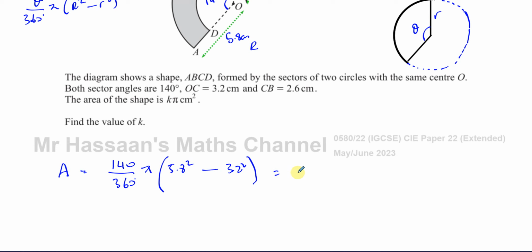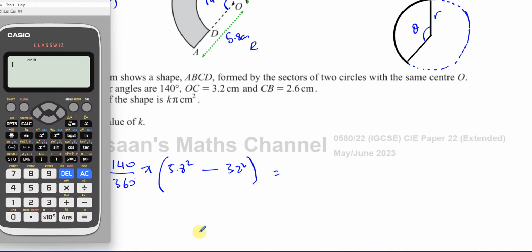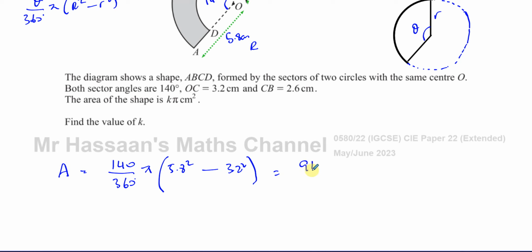Now we're going to leave our answer in terms of pi, so I won't use the pi in my calculator. I'll just put 140 over 360 times 5.8 squared minus 3.2 squared. And that will give me 91 over 10. So you have 91 over 10 pi. You can write that as 9.1 pi if you want.